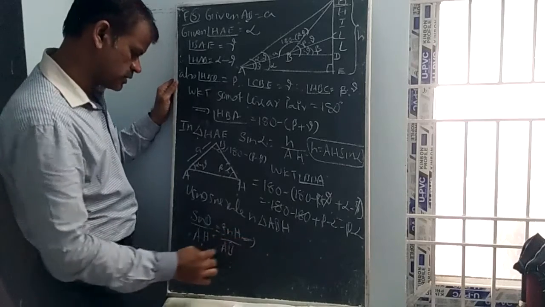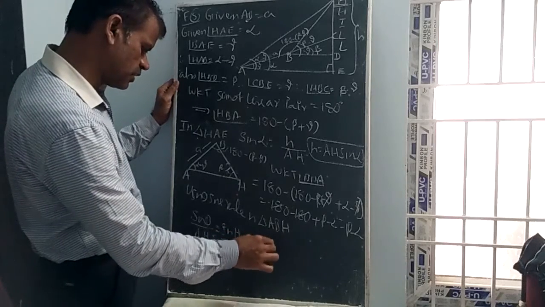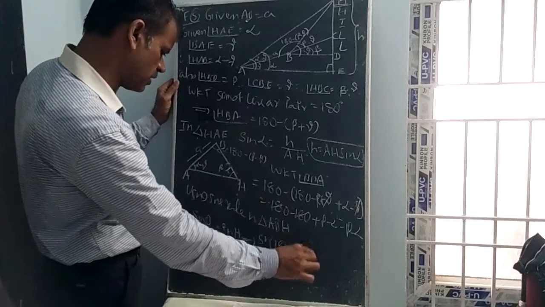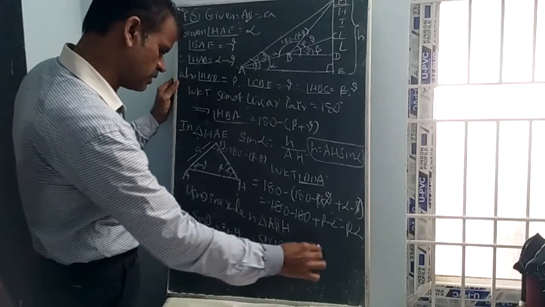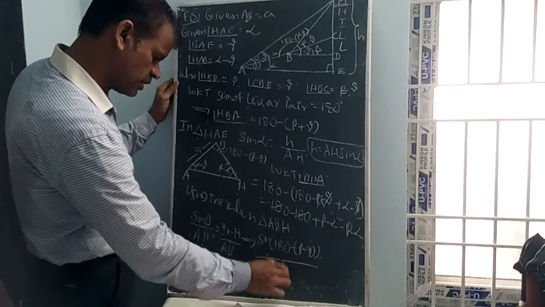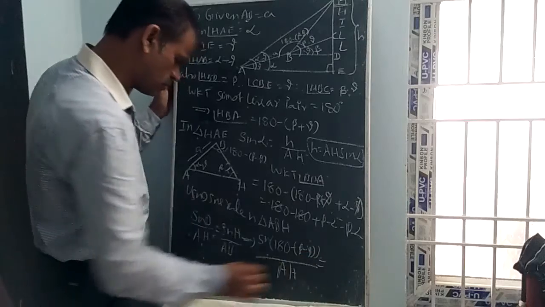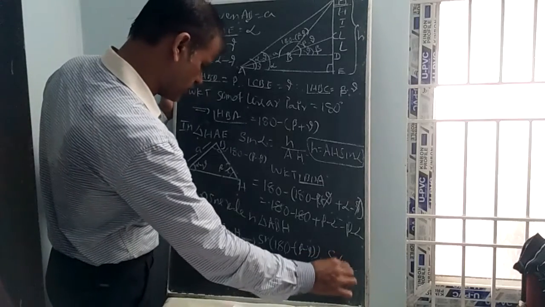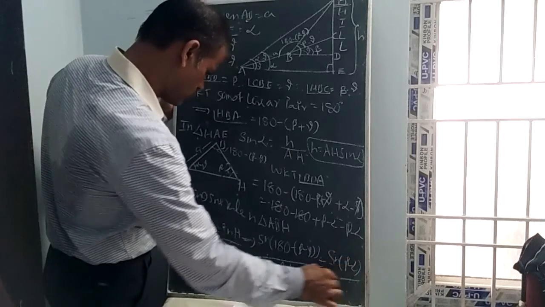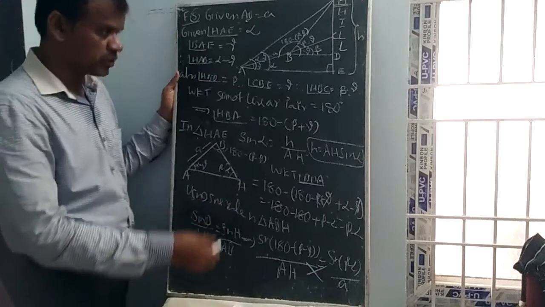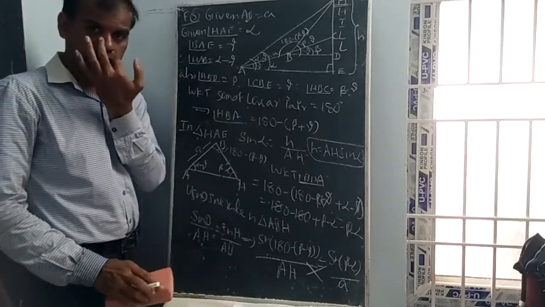So sine B means sine of 180 minus of beta minus gamma by AH is equal to sine H, means sine of beta minus alpha, by small a. Using this we need to calculate AH.